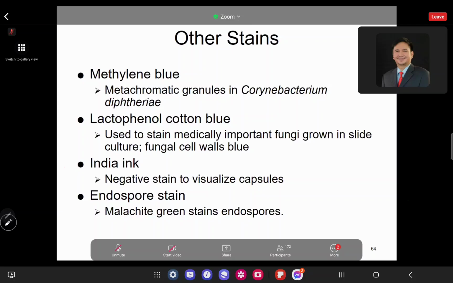Lactophenol cotton blue will stain the fungal cell wall blue. India ink, of course, will prevent staining of capsules, creating a halo. This is a negative stain. And an example is your Cryptococcus neoformans. And then malachite green for endospores.